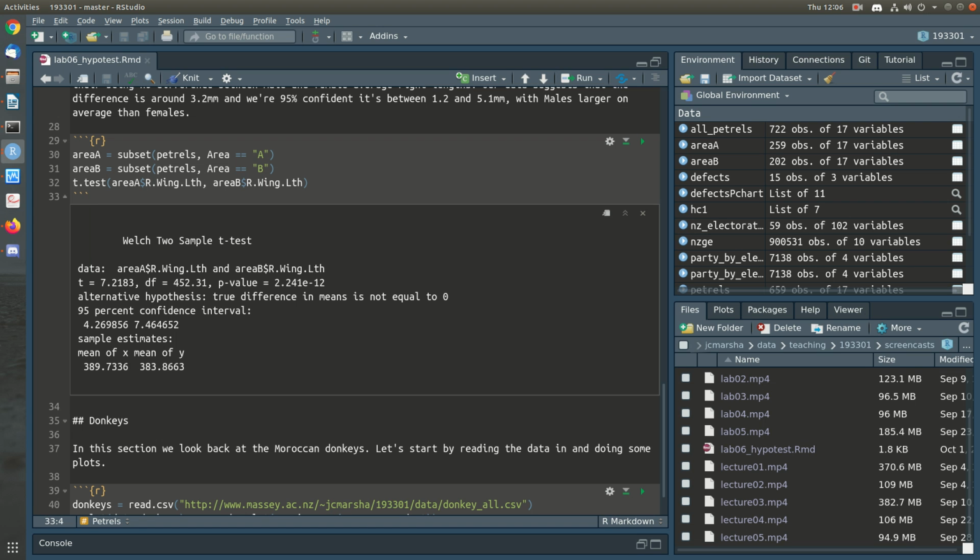Area A is just the area A birds, and area B is just the area B birds, because we've subsetted out just the area B birds. And so we're doing a test for, is there a difference between area A and area B?